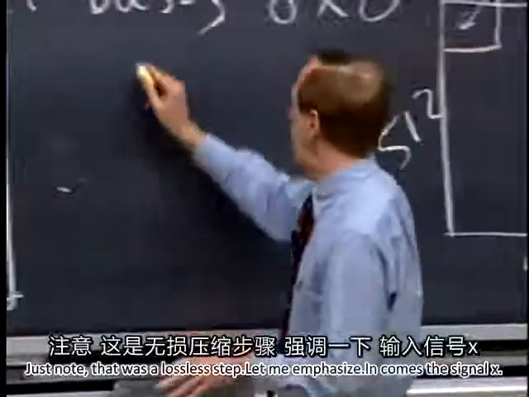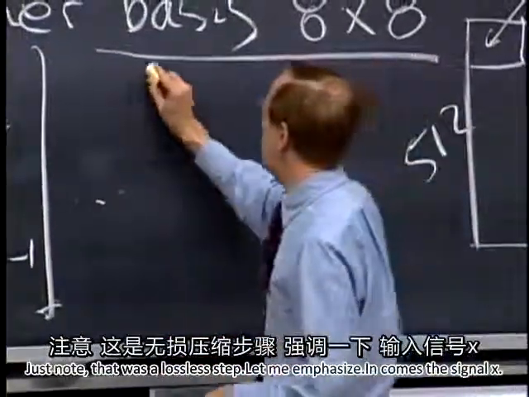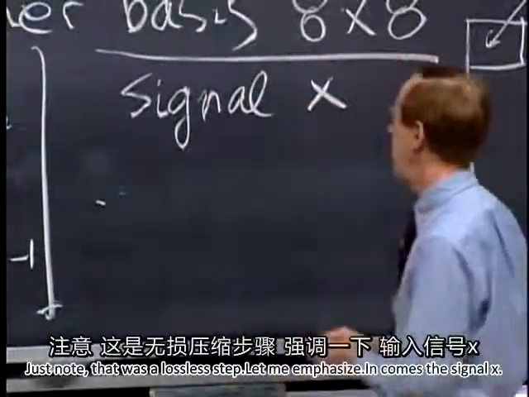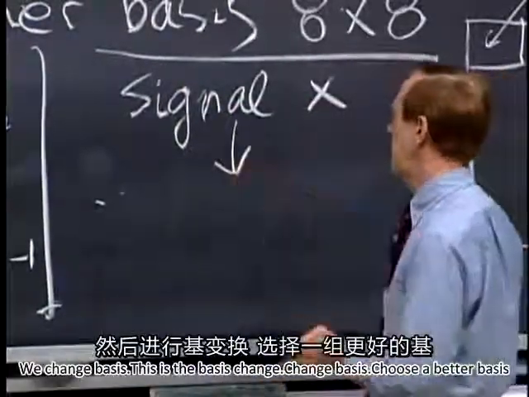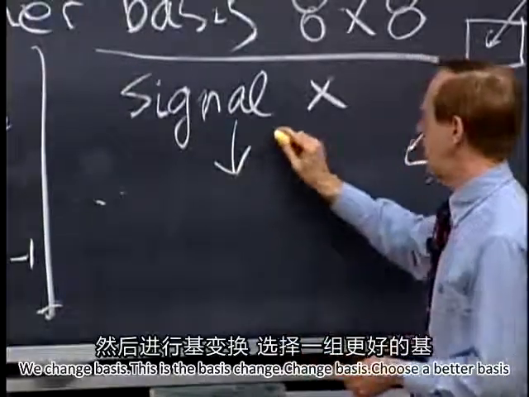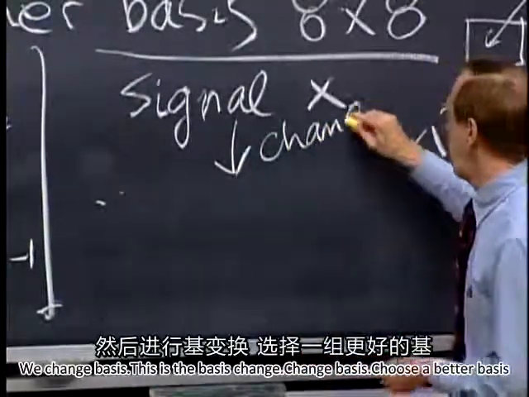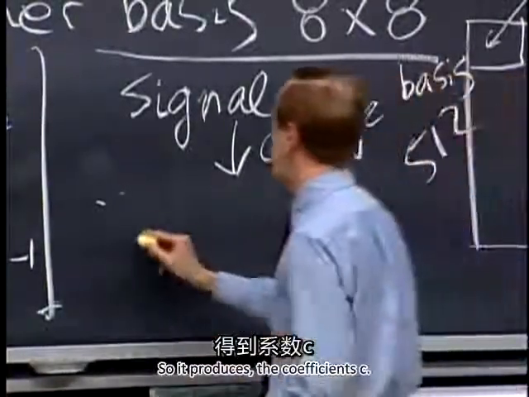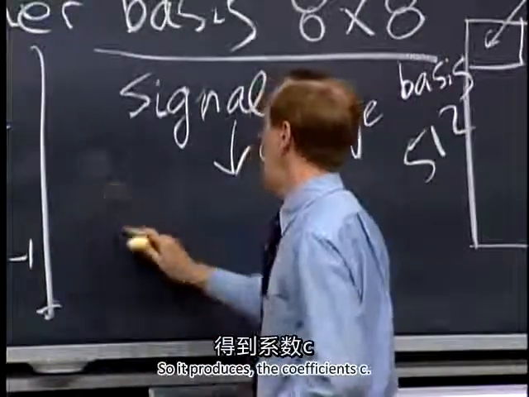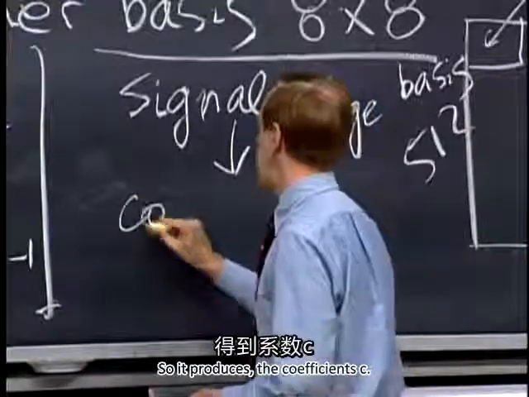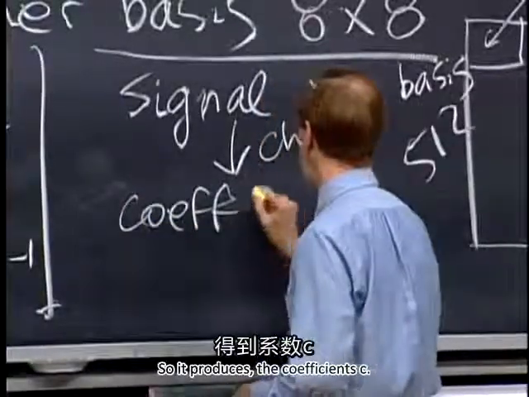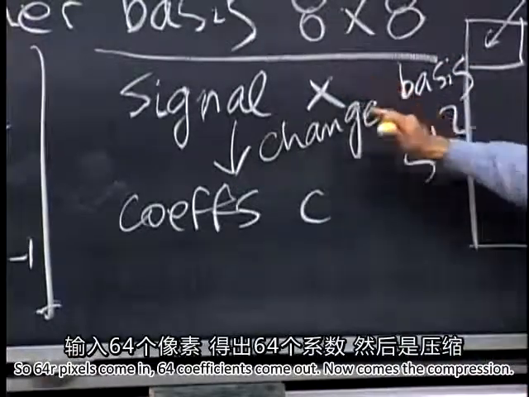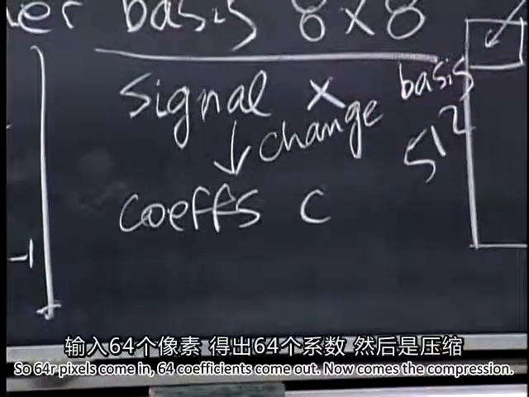Let me emphasize. In comes the signal, X. We change basis. Choose a better basis. So it produces the coefficients C. So 64 pixels come in, 64 coefficients come out.